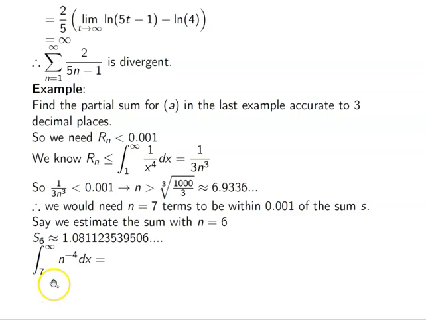The integral from 1 to infinity of n to the negative 4 is going to give me, I'm sorry, from 7 to infinity. So on the next term, for the remainder, would be 1 over 3 times 7 cubed. Okay. And from 6 to infinity is 1 over 3 times 6 cubed. Okay.